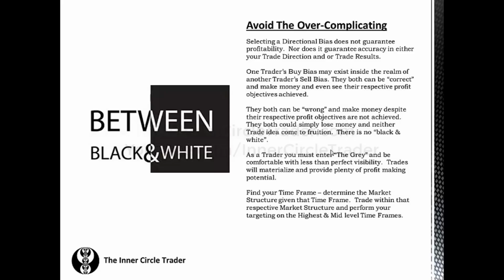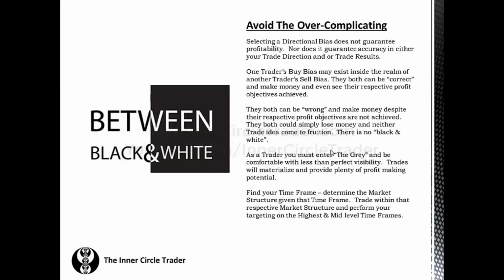They both can be correct and make money, and even see both their respective profit objectives achieved. They both can be wrong and make money despite their respective profit objectives not being achieved. Again, it's not about being quote-unquote correct, it's about being profitable. However, they both could simply lose money and neither trade idea come to fruition.